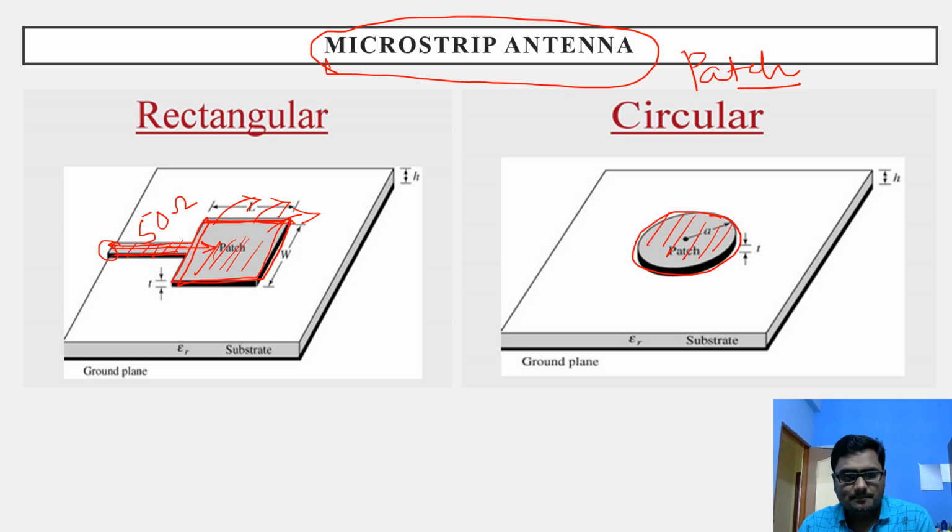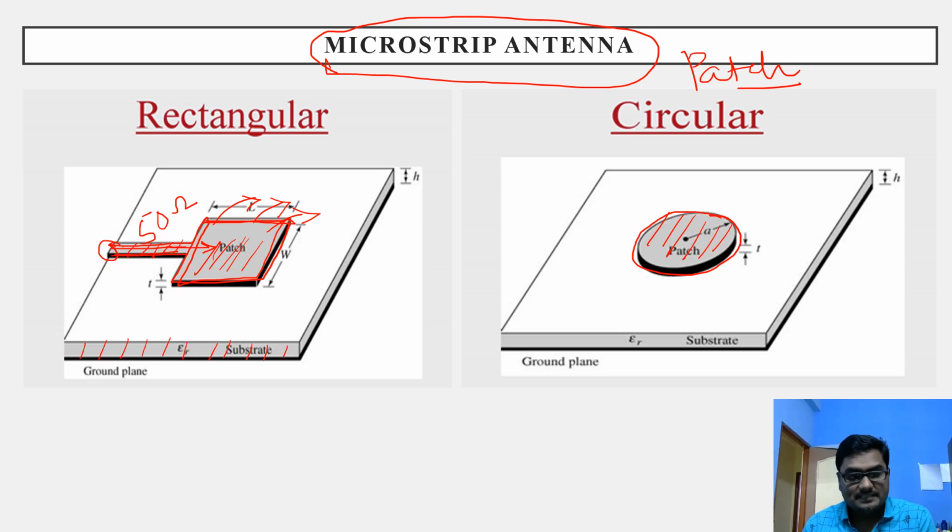The antenna is placed on a substrate material. The substrate material can be anything. It can be plastic, it can be a cloth. Yes, it can be a cloth.